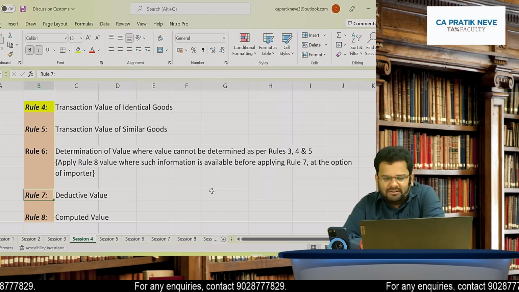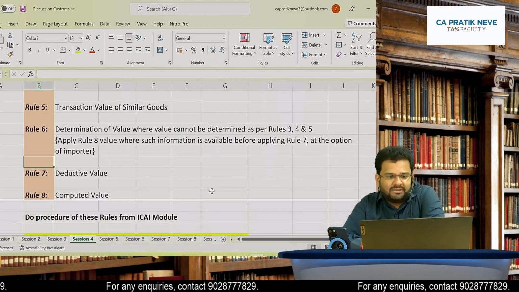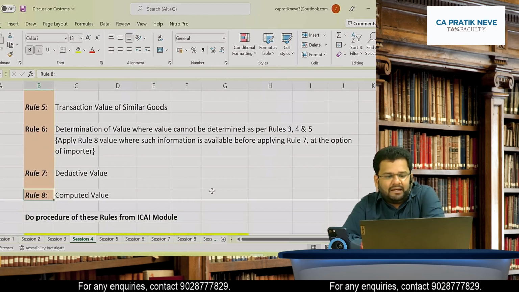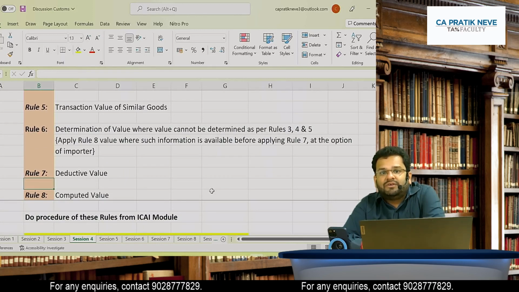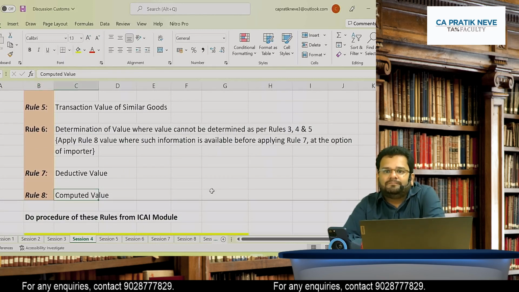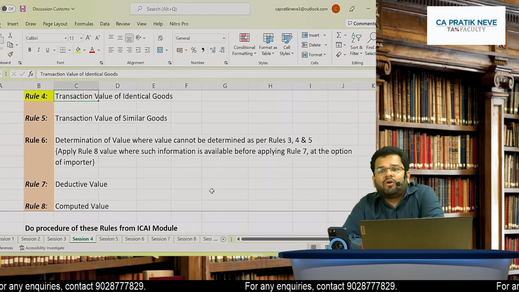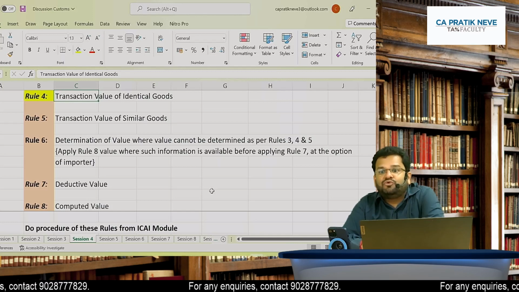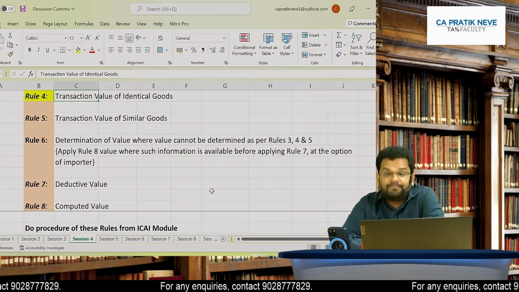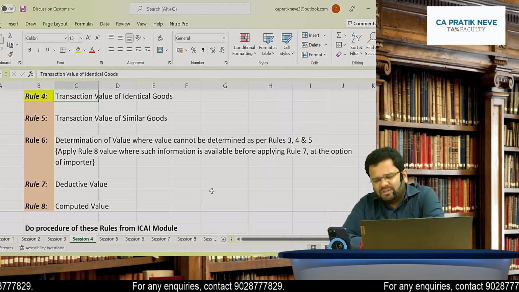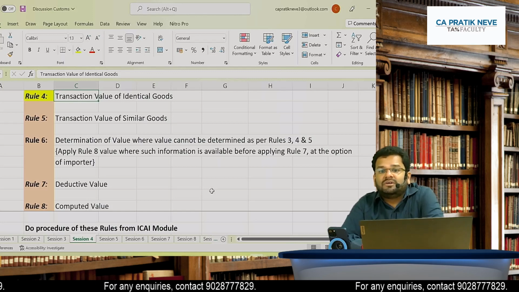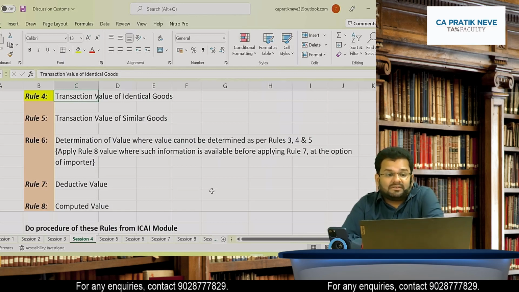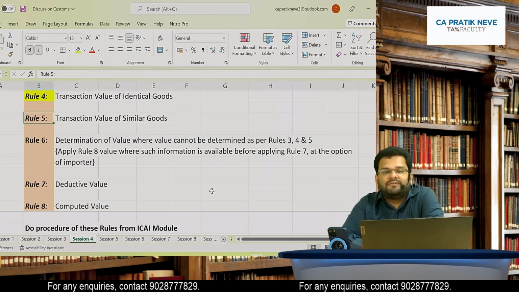That could be the sequence thanks to 6. 6 is saying apply 8 before 7 if information of 8 is available. In this, what I've observed is institutes, CMA Institute, CA Institute, CS Institute, have asked questions on 4 and 5 till now.